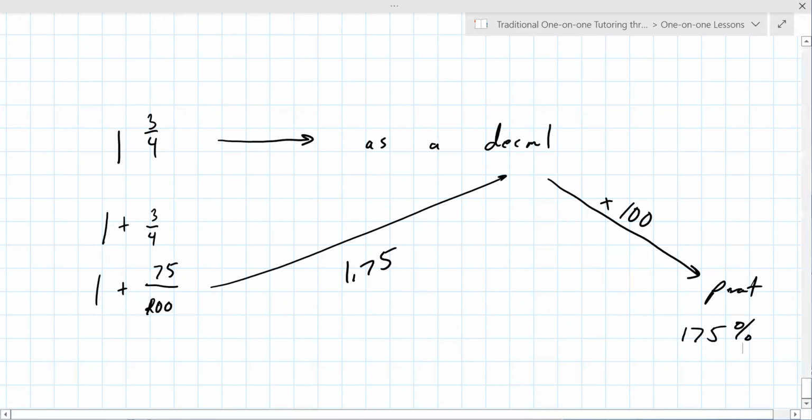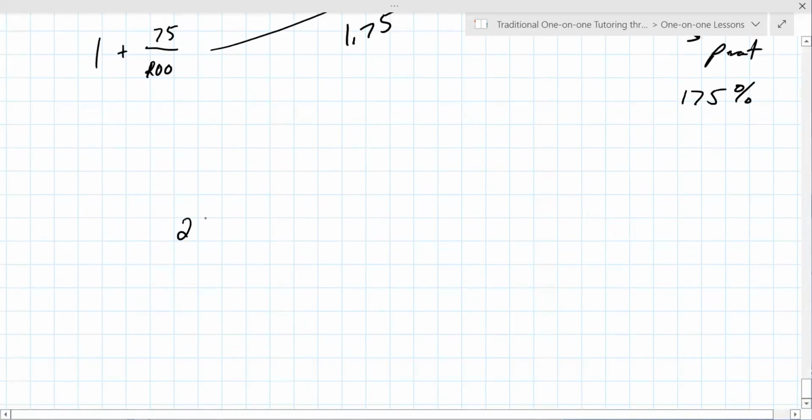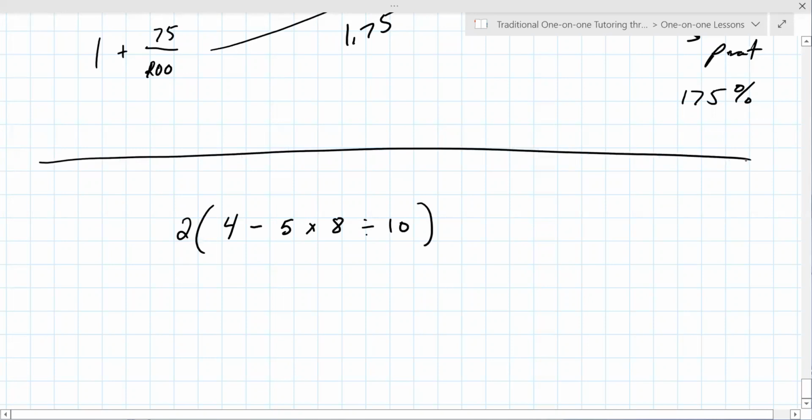Okay, let's try another one here. What is 2 times 4 minus 5 times 8 divided by 10? So you've got to go inside parentheses first. But there are no parentheses, so that doesn't make sense.